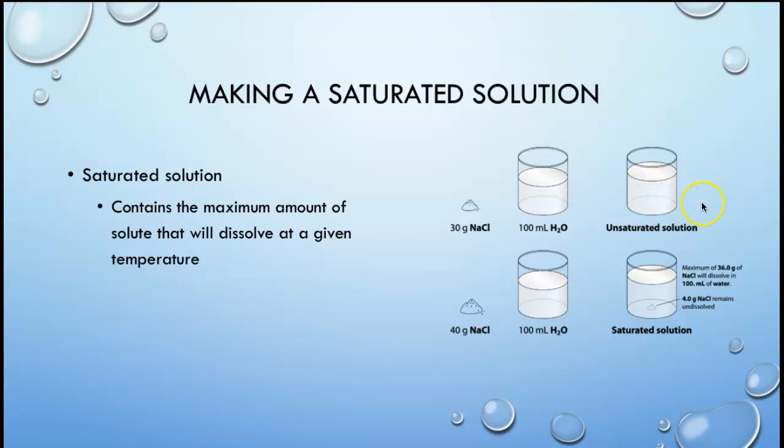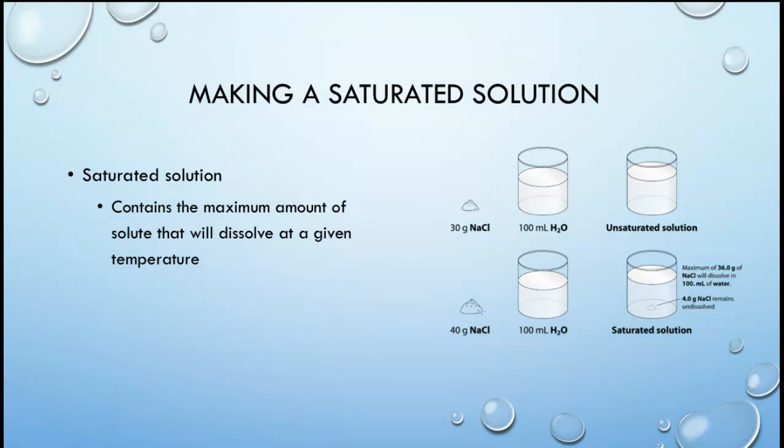That's an unsaturated solution. So you'd add more sodium chloride until you finally got to the point where you had some undissolved solute on the bottom. The solution that exists above that then is considered a saturated solution. So that's what a saturated solution is.